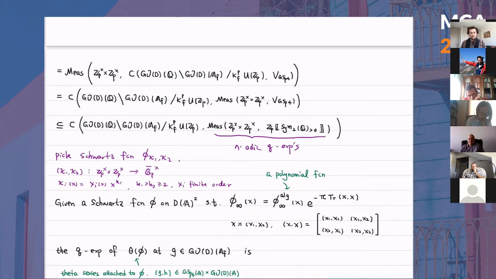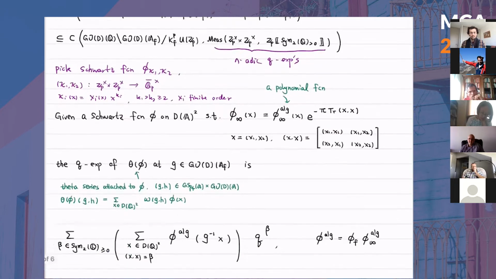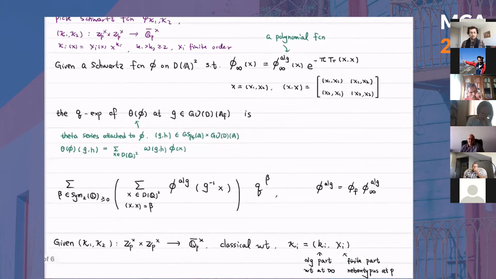Then the q-expansion of this theta series at a point of the orthogonal group is given by the following formula.